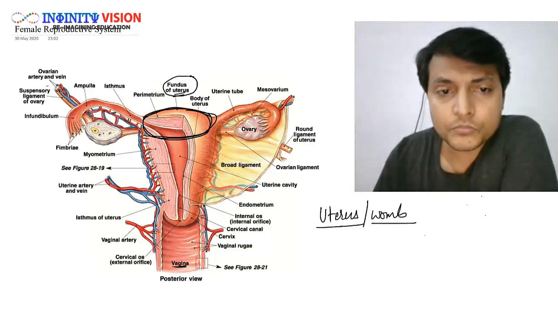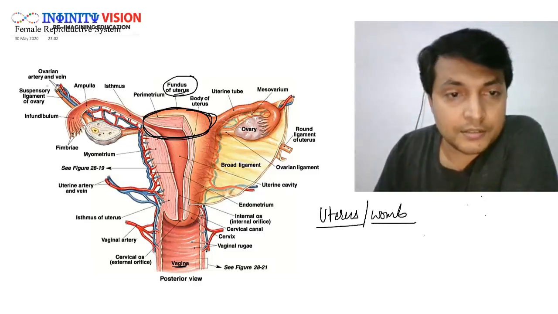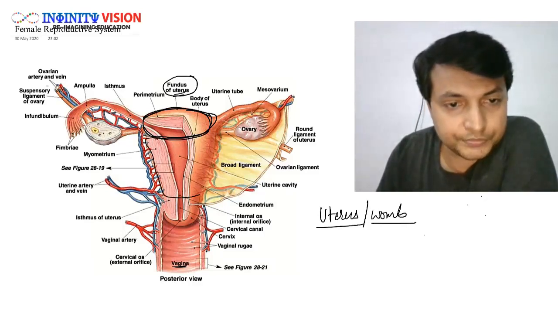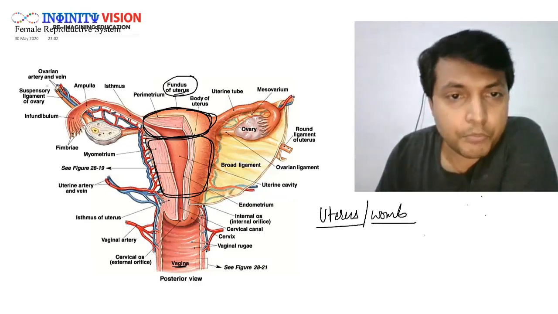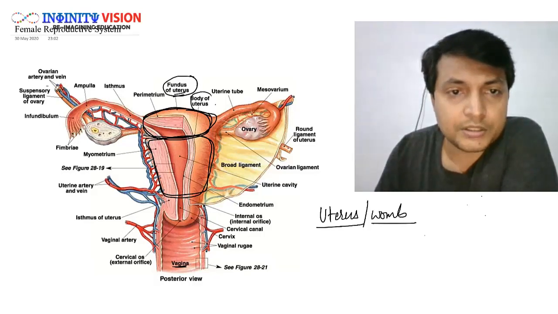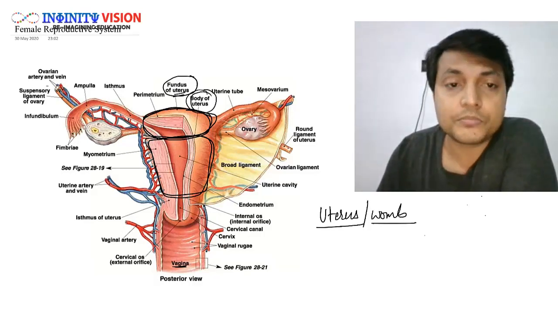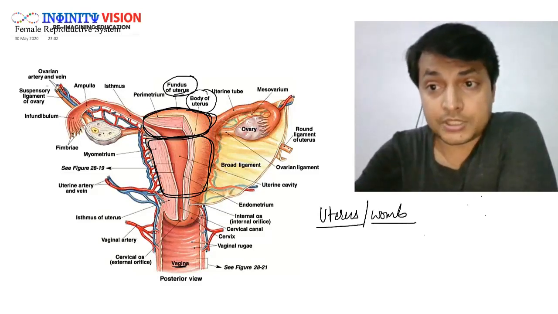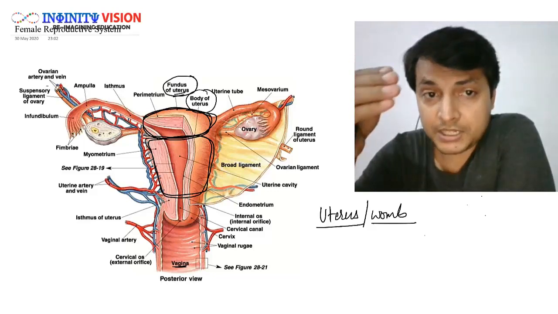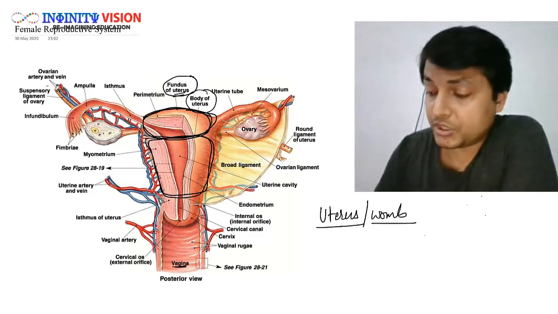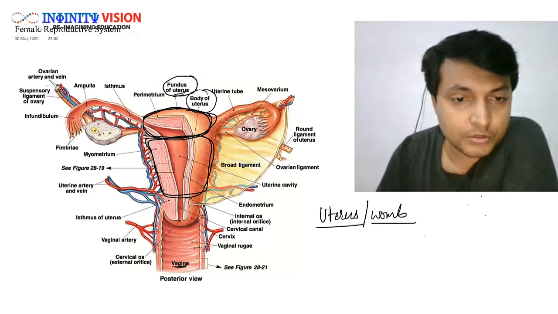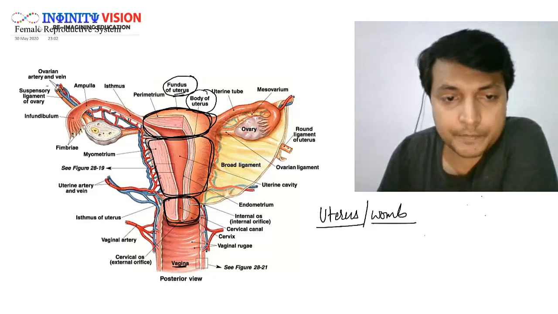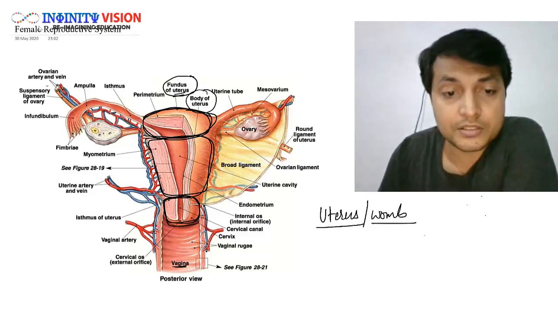Great. Apart from this, this whole structure is called the body of the uterus. Can you see here? The body of the uterus. So the uterus is divided into the fundus, body, and the distal part, the last part of this uterus, which is called the cervix.